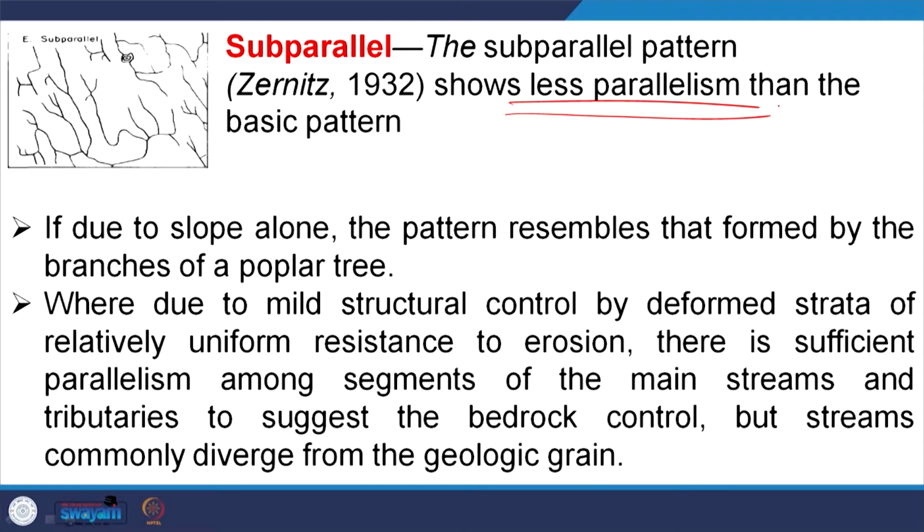Where there is mild structural control by deformed strata of relatively uniform resistance to erosion, there is sufficient parallelism among these segments of the mainstream and tributaries to suggest bedrock control, but streams commonly diverge from the geologic grain. So, here subparallelism means it is not perfectly parallel but resembles parallel. For example, if you see these streams, they resemble parallel but are not exactly parallel.